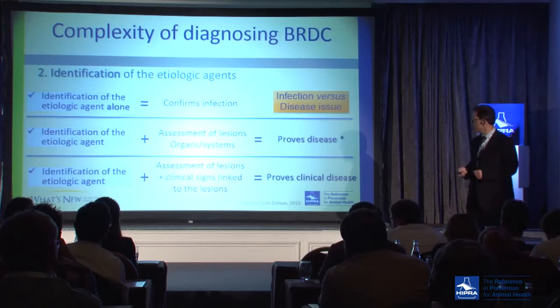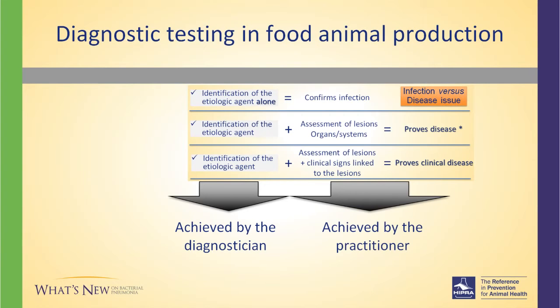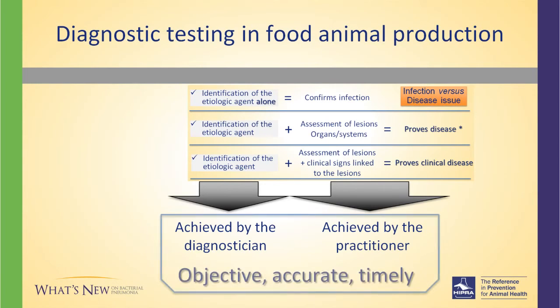So in this scenario, the task of the diagnostician in the laboratory is, of course, the detection and identification of the etiological agent, and the task of the practitioner in the field is to put all together the results from the laboratory, the clinical signs, and the gross lesions to have a diagnosis in an objective, accurate, and timely way. That's our task altogether.